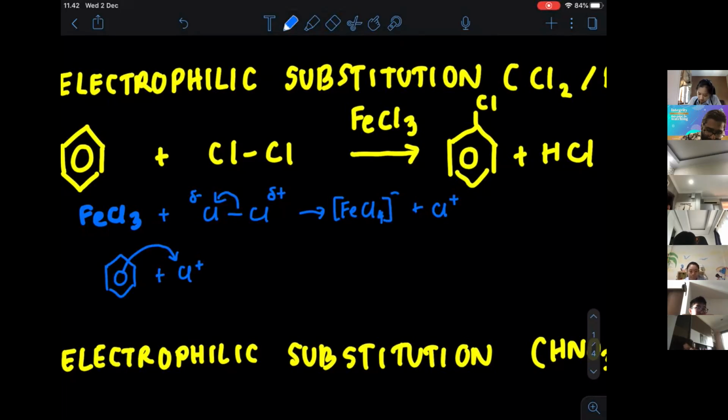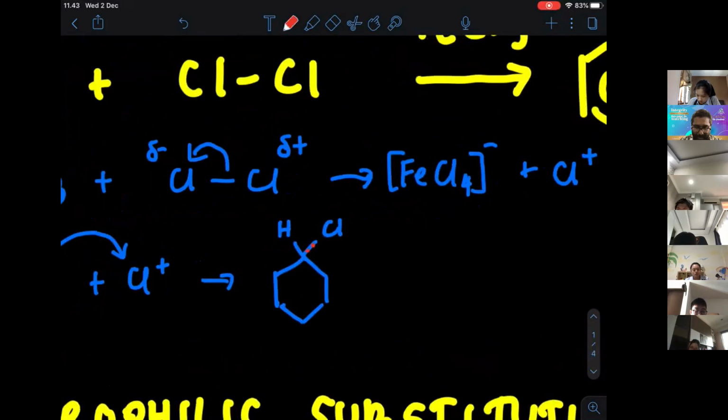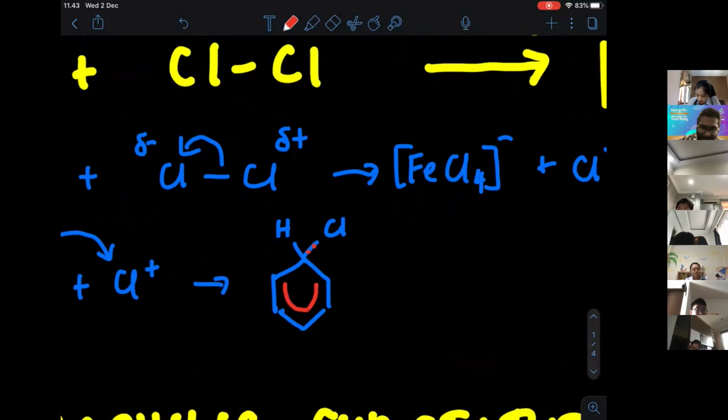That gives us an intermediate where you have the H and the Cl. The two electrons inside the ring will go and form the bond with the Cl plus, and the positive charge is going to be shared across 5 carbon atoms.